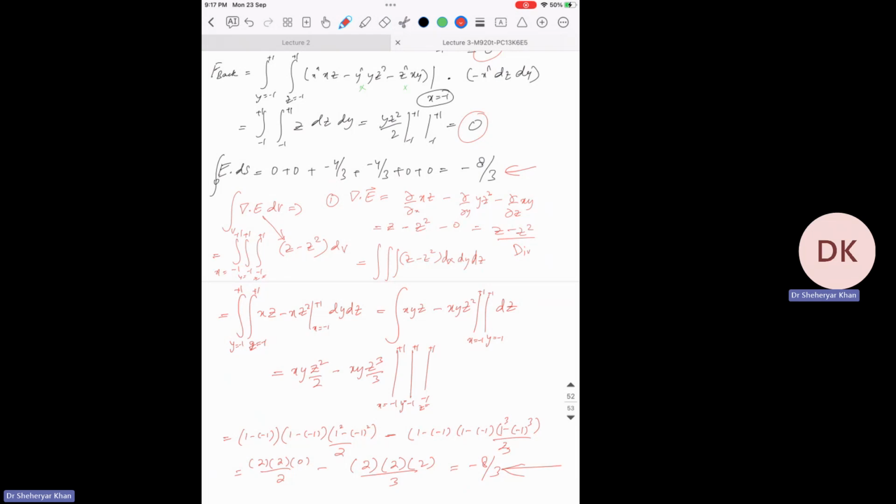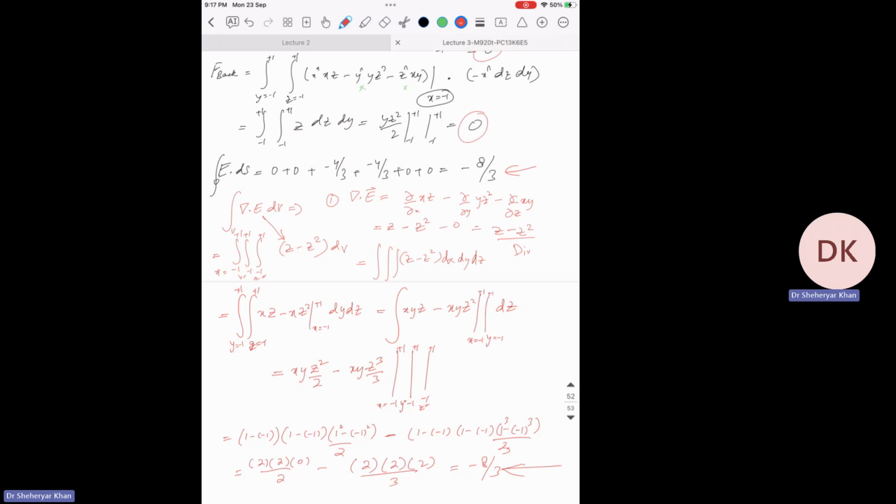In the first step, you solve with Vx. So Vx minus x z square because x comes, then y comes. Oh, this one is tough. And then the z integration is z square by 2.